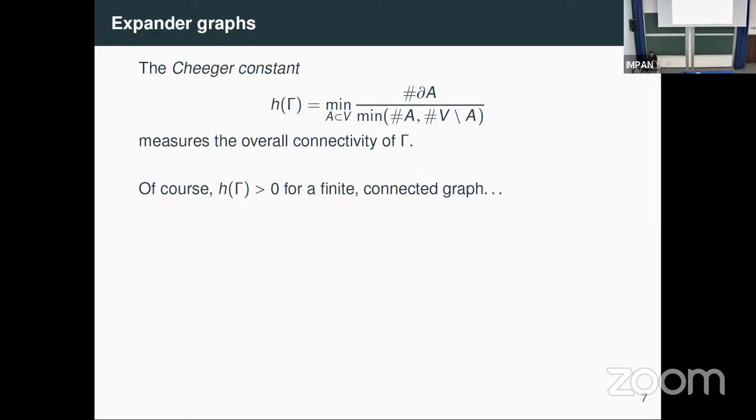Basically, you are looking for the smallest ratio of the size of the boundary to the size of the set in such a graph. Sometimes it's actually called algebraic connectivity, but it measures how connected the graph is. For any given set, how large is the set of edges that connects it to the complement. Of course, this is a positive constant for any finite graph.